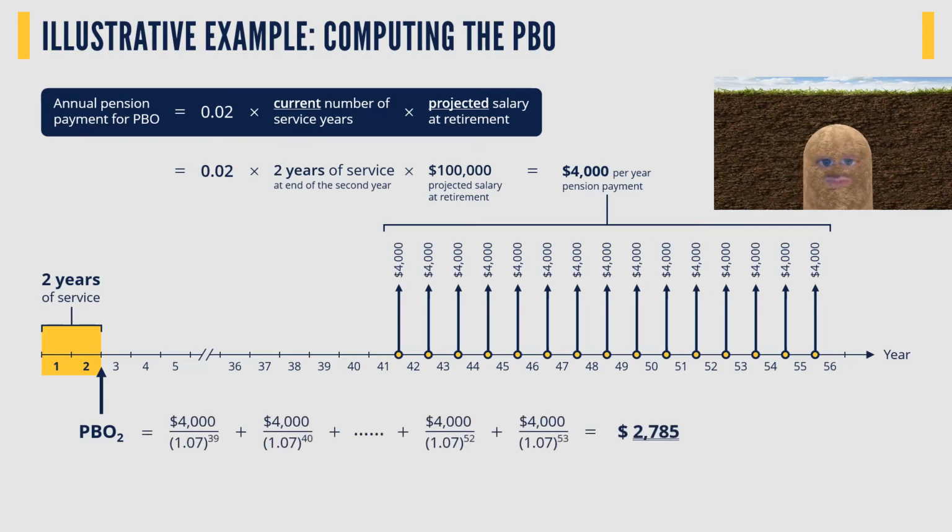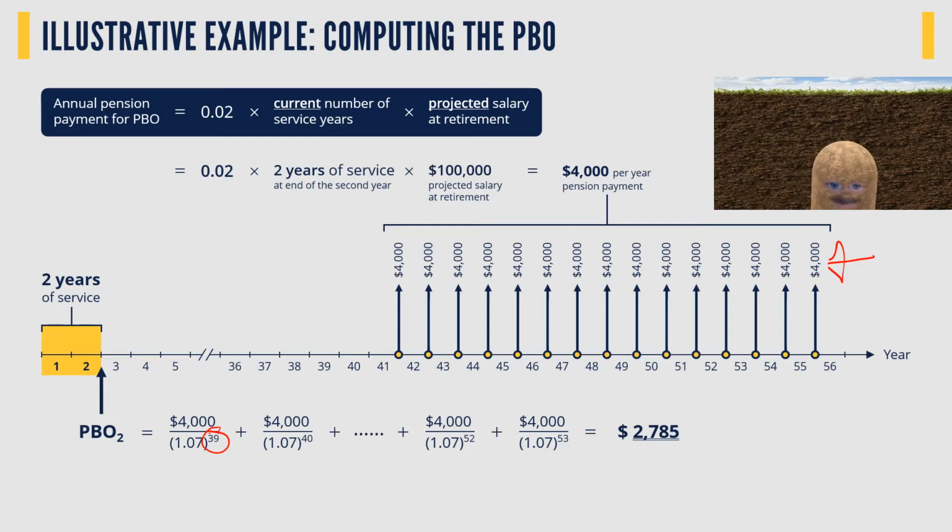Instead, it's more than double, $2,785, because we're 1 year closer to retirement, and so all of the discounting is coming closer to us in time, which means the present value is going to go up, all else equal. So in this case, it's increasing because we increased the nominal cash flow payments in retirement, the $4,000, and then we are discounting it back 1 year less because we're 1 year closer to retirement, and so we get $2,785.